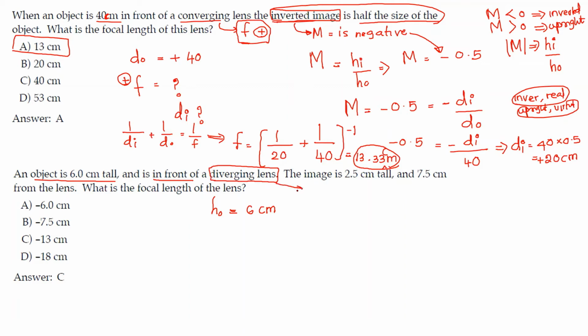First time we are seeing a diverging problem. Diverging lens, F is negative. And what else do we know about diverging? If you remember, what about the images? Do you remember the sort of images it makes? Very good. So divergent lenses always make upright and virtual images for real objects.